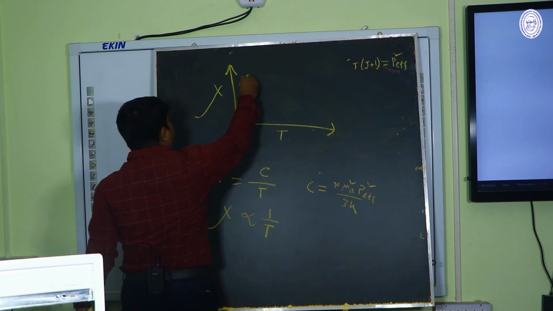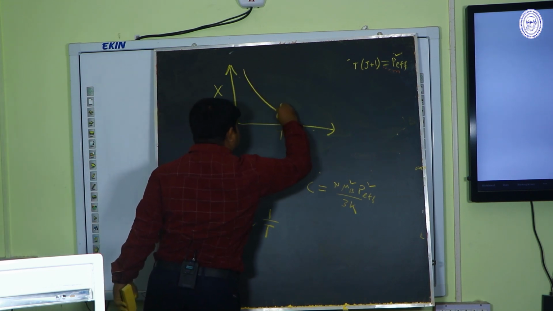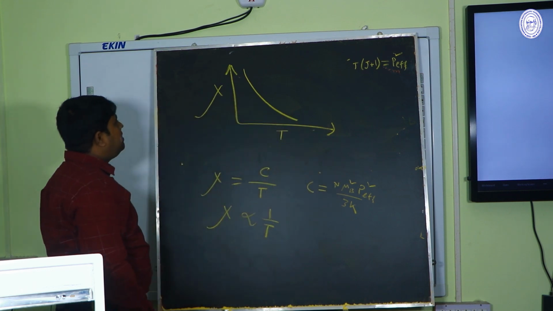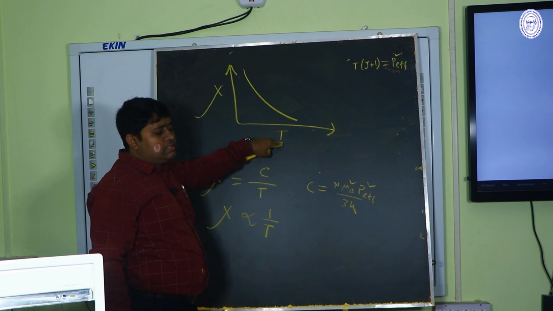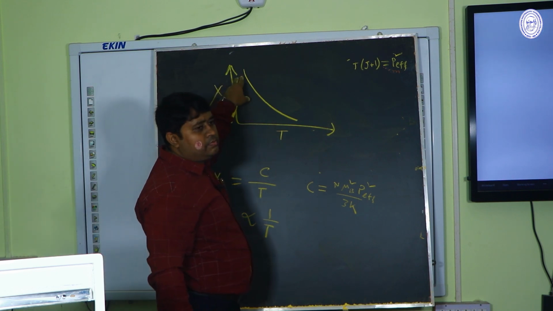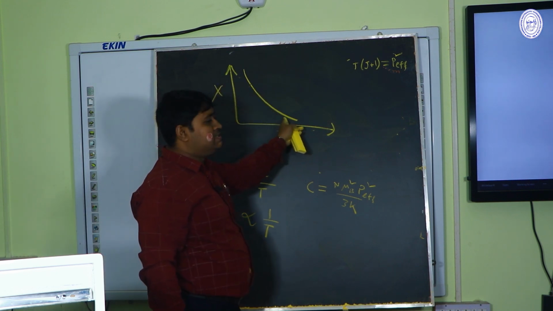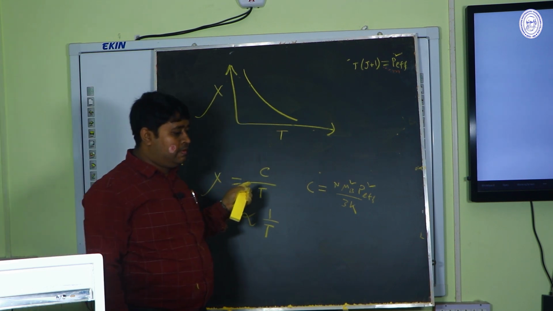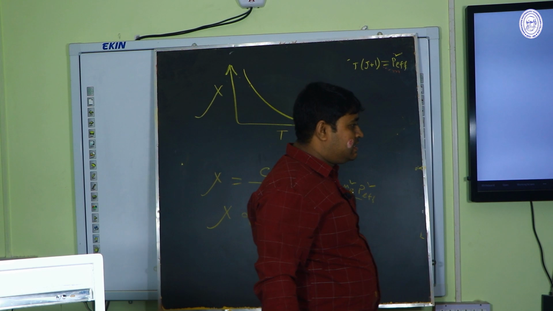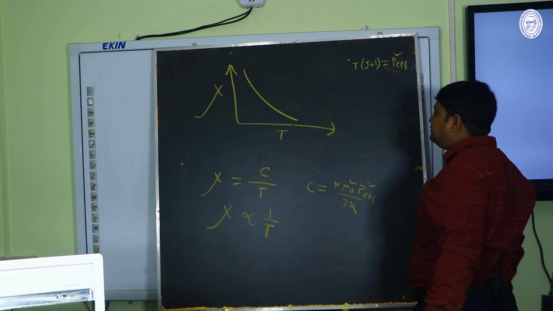The nature of the curve is a rectangular hyperbola. With increasing temperature, the susceptibility of a paramagnetic substance decreases. This is known as Curie's law, that I discussed in the classical Langevin theory.